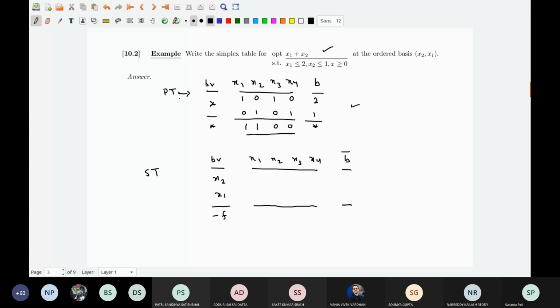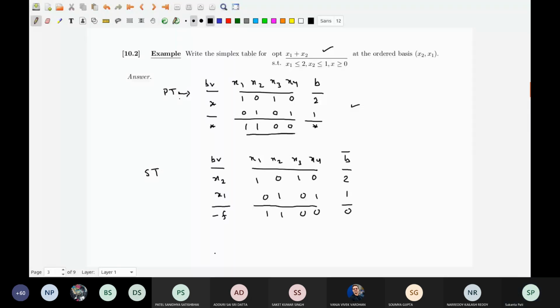Now I will write this matrix as such: 1 0 1 0, 0 0 1 2 1, and then I write C. Whatever is there in the problem table, I copy that, with a 0 over here.